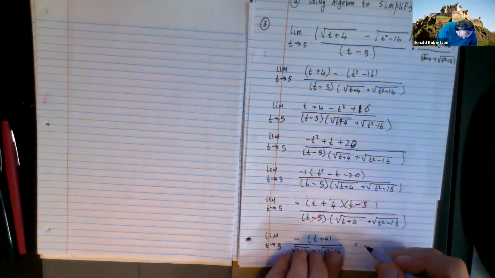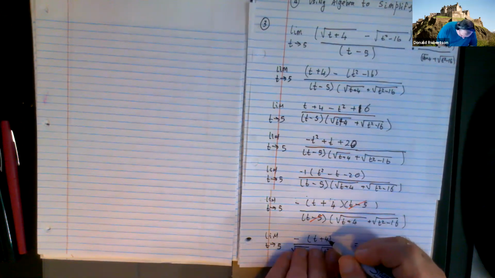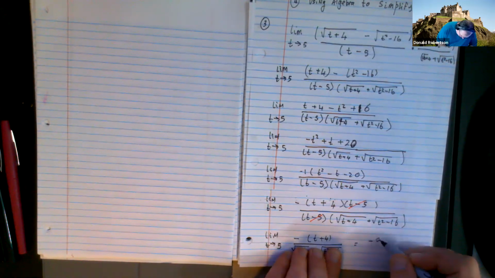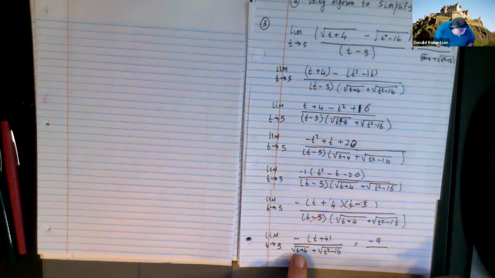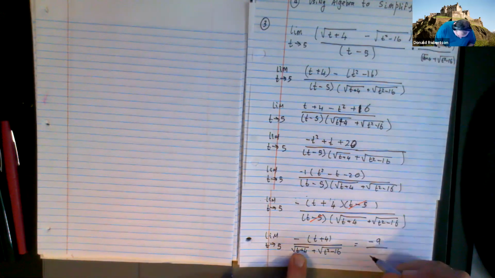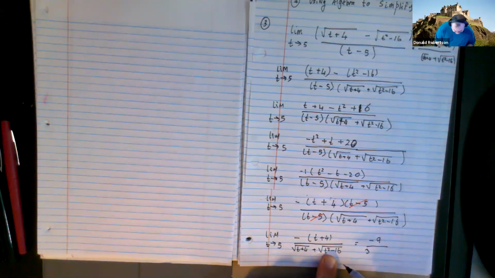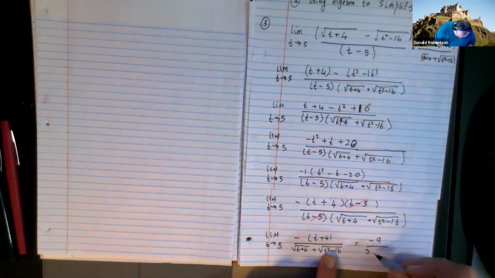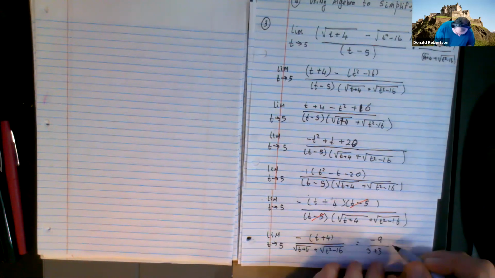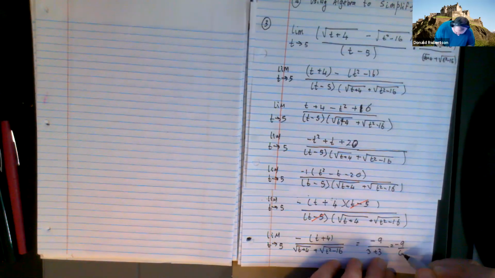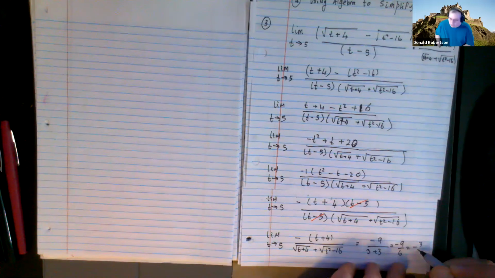So on the top, I get 5 add 4 is 9, so -9 on the top. 5 in here gets you the square root of 9, which is 3. 5 in here gets you 25, take away 16 is 9, and the square root of 9 is 3. So I get -9 over 6. Bingo.